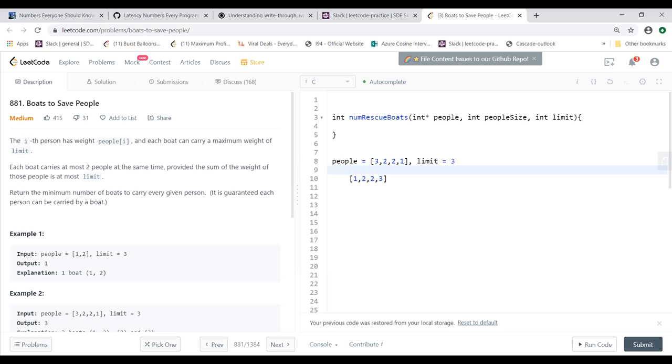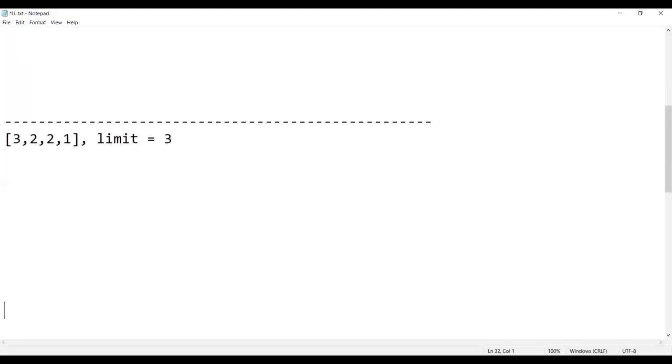Okay, let me increase the font size now. So if I sort it, it will be something like 1, 2, 2, and then 3, right?